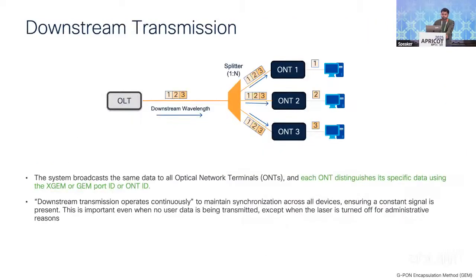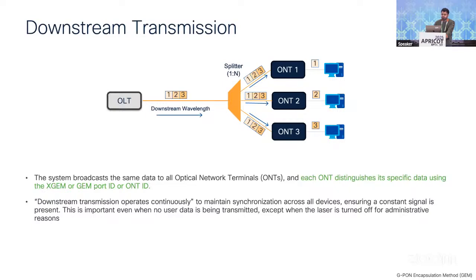Coming back to the PON, let's look at how the downstream direction happens. As we talked about, in the downstream direction, it is going to be a broadcast. We have the OLT and the ONTs. The OLT is broadcasting the downstream traffic to all the ONTs out there, depending upon the split ratio.